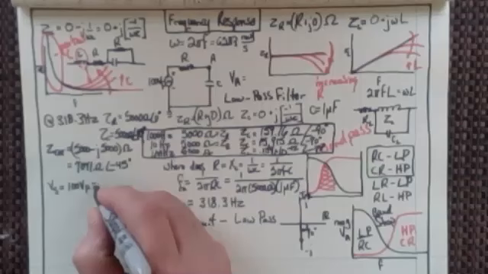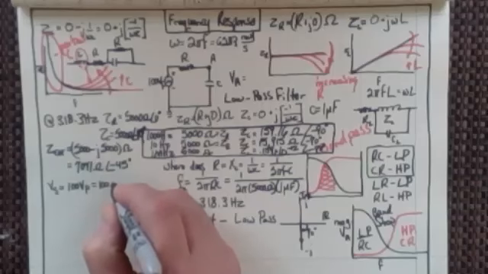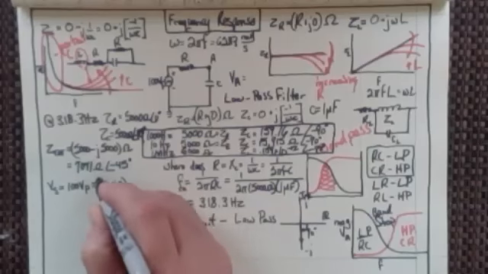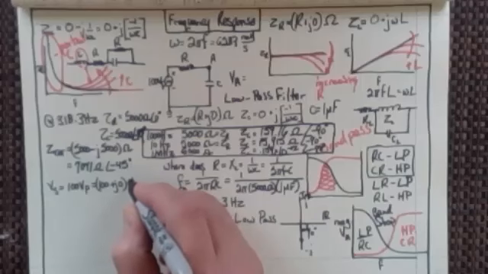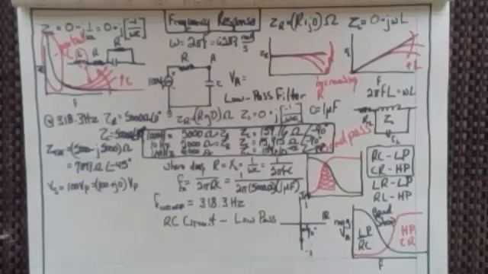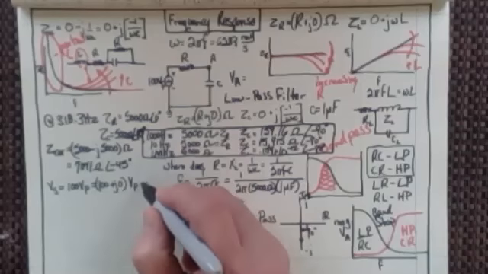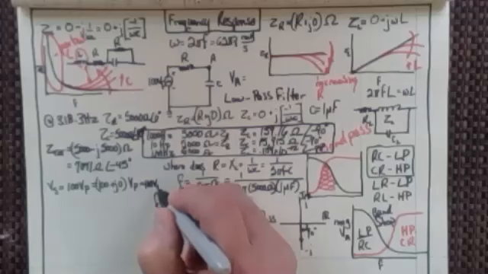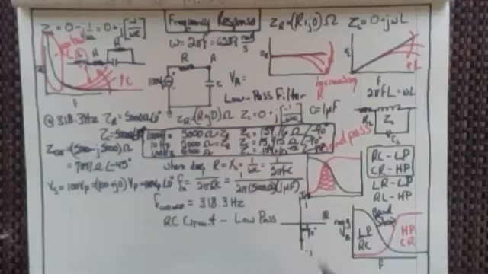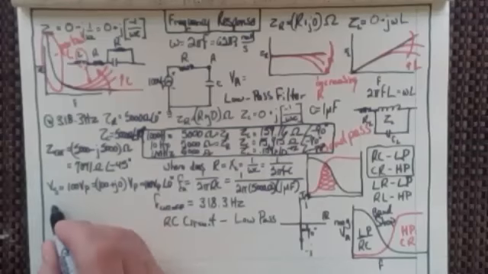And so I could write that as 100 plus J0 volts peak, couldn't I? Or I could write it as 100 at an angle of 0, 100 volts peak at an angle of 0 degrees. So now we know exactly what's going on there, and we could actually find out what the current is.